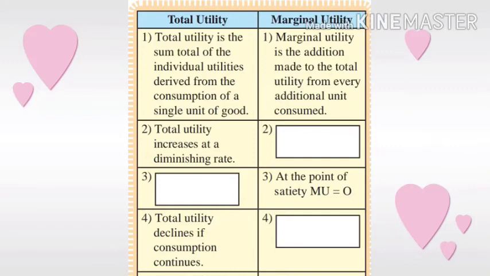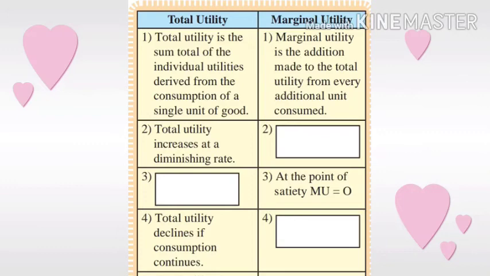Second point, total utility increases at a diminishing rate. What will be the blank given against it for marginal utility? Marginal utility decreases at a diminishing rate. The third point given in marginal utility is at the point of satiety, marginal utility equals 0.